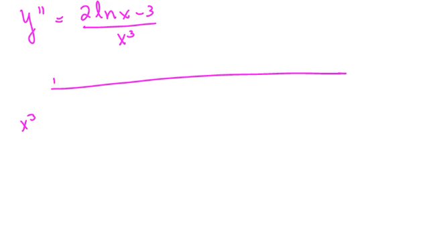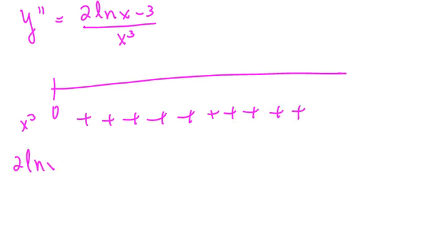x cubed, remember we only care from 0 and above, is going to be positive all the way across because x is positive, and 2 log x minus 3 is going to have a switch of sign at e to the 3 halves.